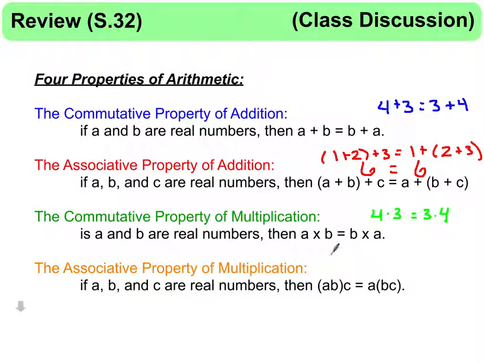Like if I did 1 times 2 times 3, and I set that equal to 1 times 2 times 3, this time the second half is grouped. 1 times 2 is 2, times 3 is 6, and 2 times 3 is 6, times 1 is also 6.